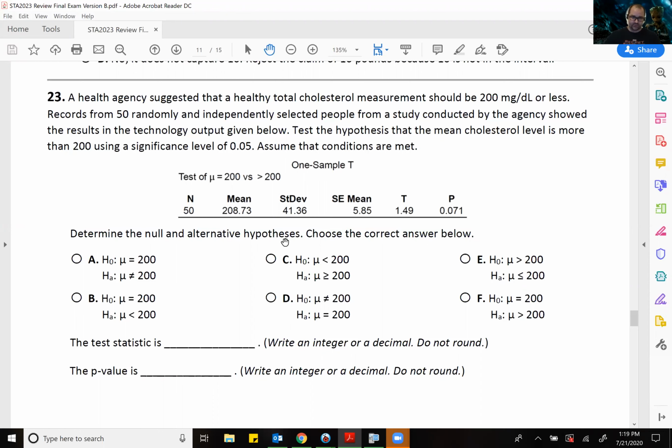So here's our technology. Okay. And right here, you can see that information of our hypothesis testing.